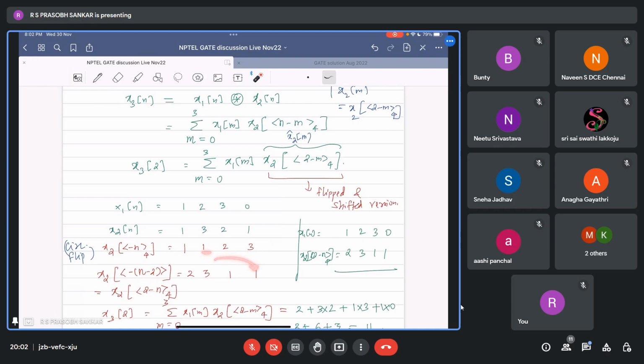This one comes here, this one comes here, this 2 goes there, but it will come back because it is circular. And again 3 goes after 2, but again it will come back because it is circular. So this is how we do the circular shifting. That is also fine now. Is it okay?